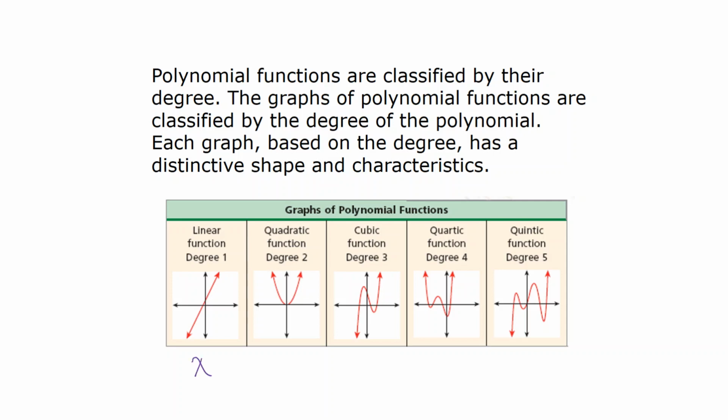That means the highest exponent on x is going to be 1. Quadratic equations, as we've seen before, have a highest exponent of 2. A cubic function's highest exponent will be 3, then 4, and 5. And so that's pretty simple to see.